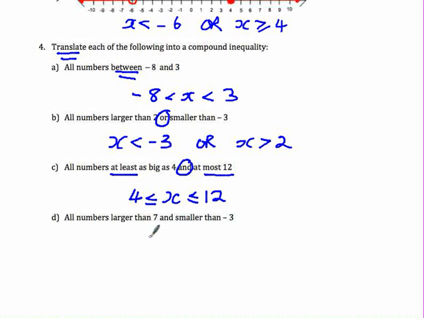Okay, and our last question, all numbers larger than, so bigger but not including, larger than 7 and smaller than minus 3. And so once again, what we have in this case is an empty set. There are no numbers which are bigger than 7 but simultaneously smaller than minus 3.